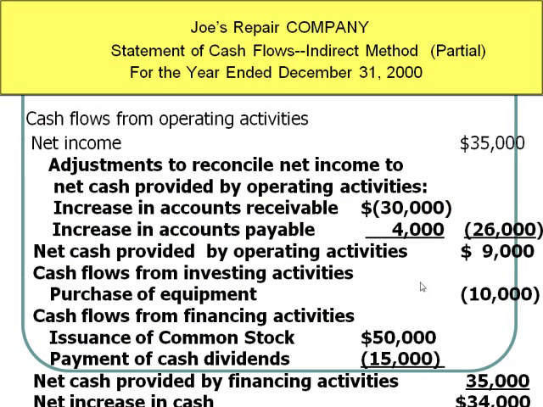Well, we've already used the 35,000 up here in cash from operations, so the only other piece we need is the payment of dividends, and that's a cash outflow. So cash came in from common stock of 50, cash went out at 15 for dividends, so the net cash provided or used by financing is 35,000.